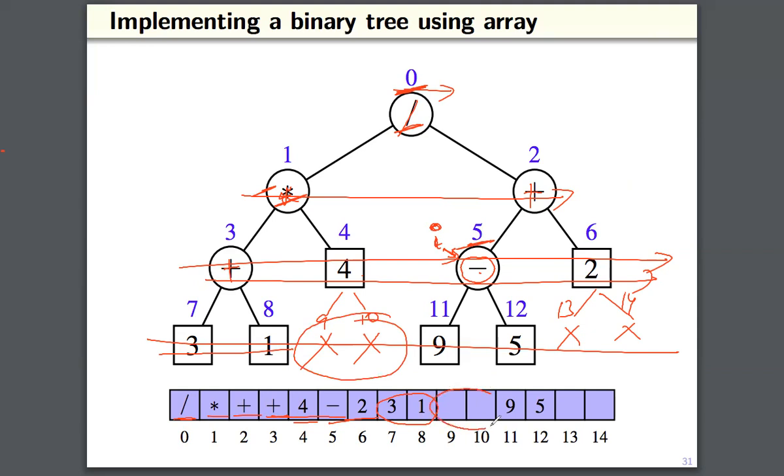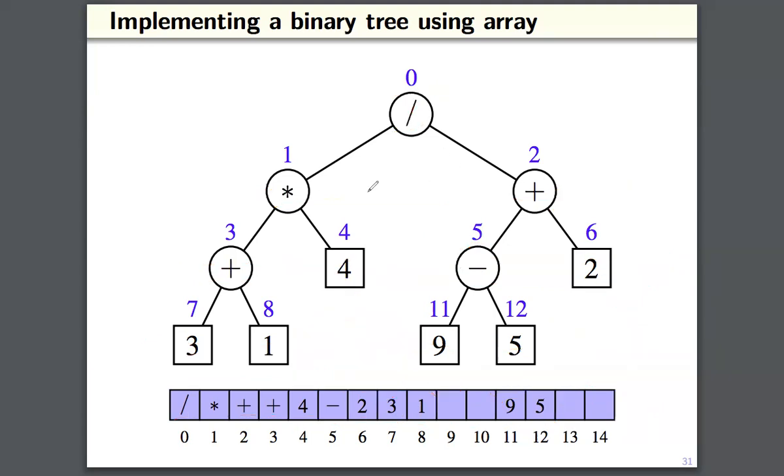Do not store anything. Maybe you can have a special character for that, null or nil or holes. Next, 9, 5, 2 holes. And if there are more nodes, you can keep saving all these entries. See, this is the array structure to implement a binary tree.